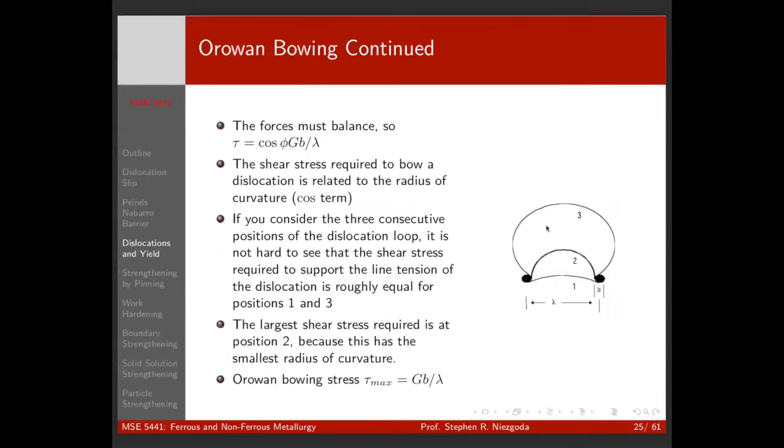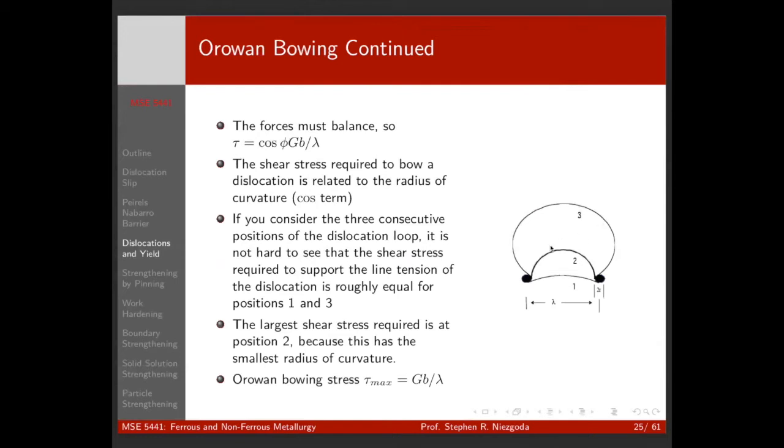Basically, if we work through different positions on the loop and evaluate it, the largest stress is going to be required here at position 2, where the radius of curvature is the greatest, because that's where the line tension is exerting the most, is maximum.